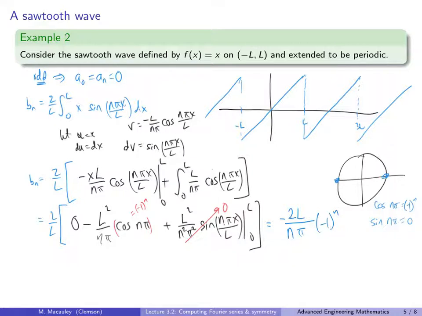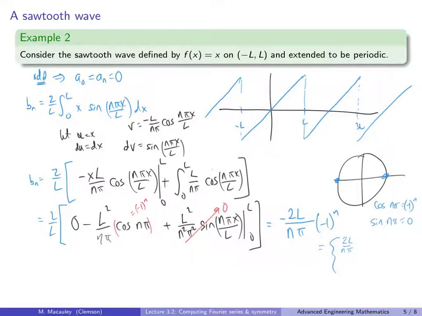And this, let's see what this is. It's just that, yeah. This is either plus or minus 1. Well, I guess I can write it. If I want to, I could say this is equal to 2L over n pi, I've got to be careful, it's a negative here.